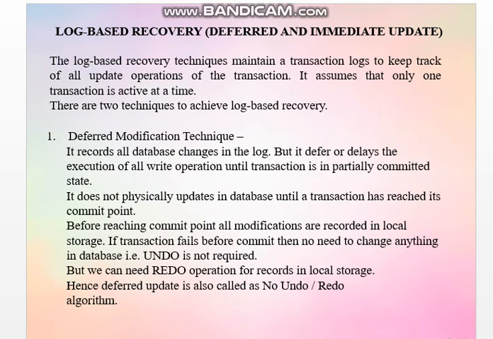Hence, the deferred update method is also called the no-undo redo algorithm. Because if the transaction commits, we want these changes to be implemented into the secondary device, the actual database. So the deferred modification technique is also called the no-undo/redo method.